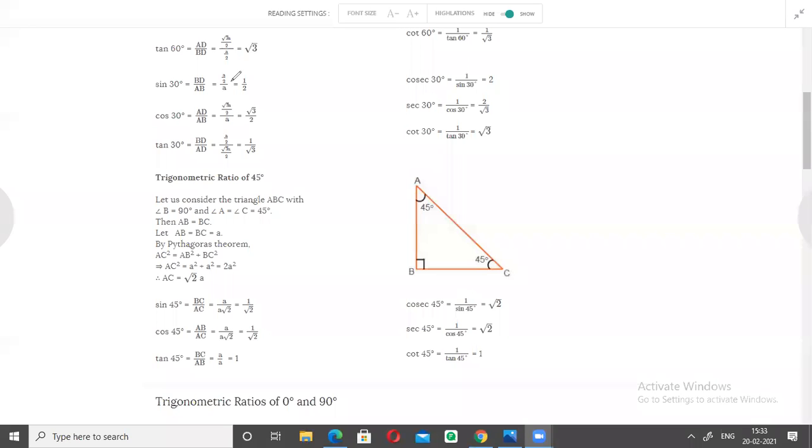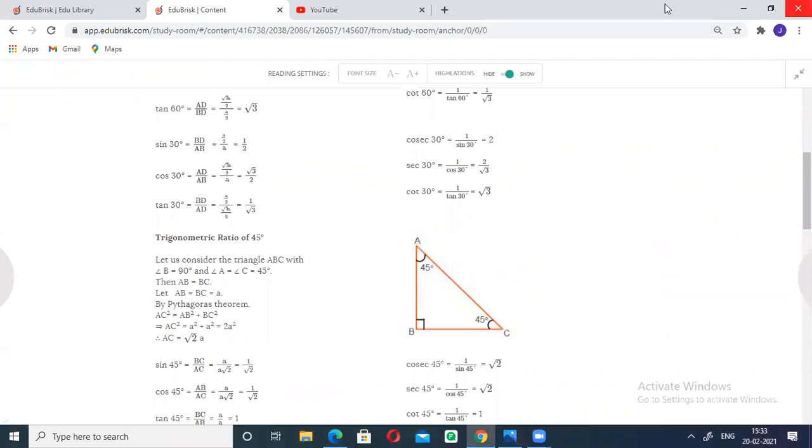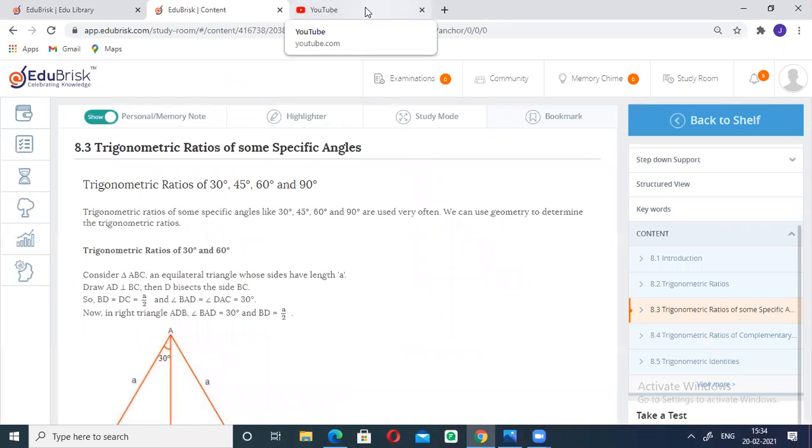So we can see here there are values for some specific angles only, not for all the angles. These angles are 0 degree, 30 degree, 45 degree, 60 degree and 90 degree.